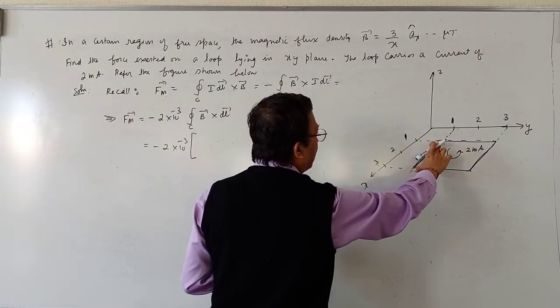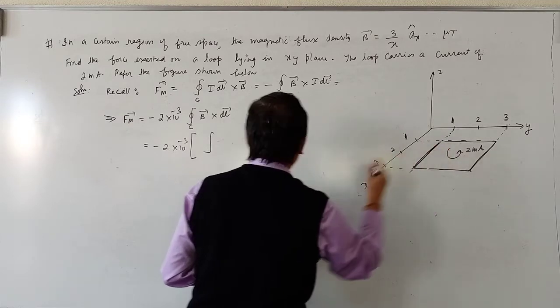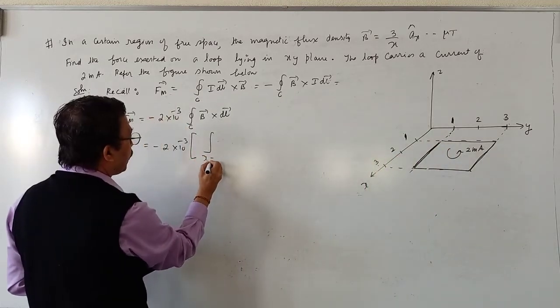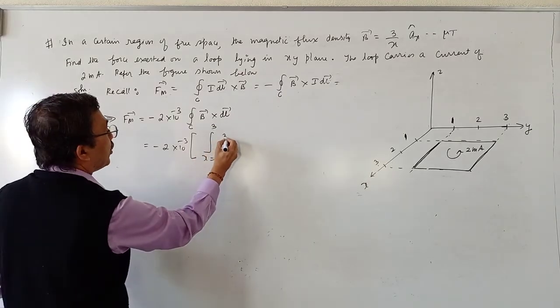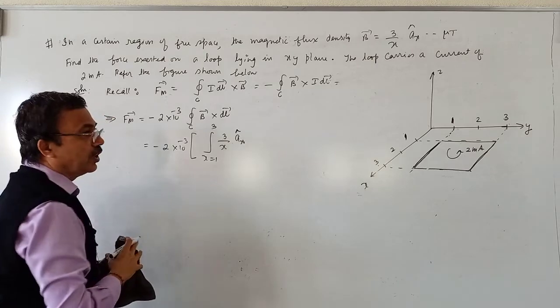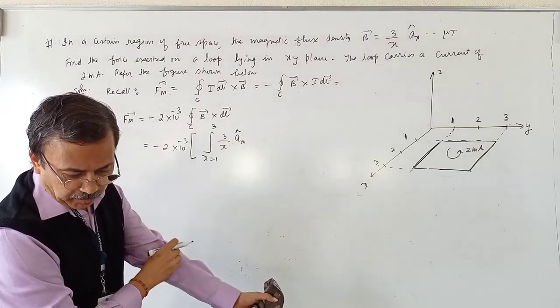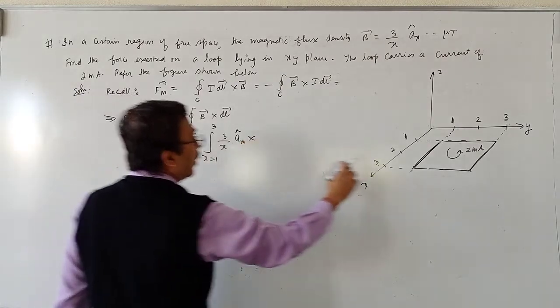I will take this straight line. For this straight line, x varies from 1 to 3. What is vector B? Vector B is 3 by x into ax cap, cross. What is vector dl?